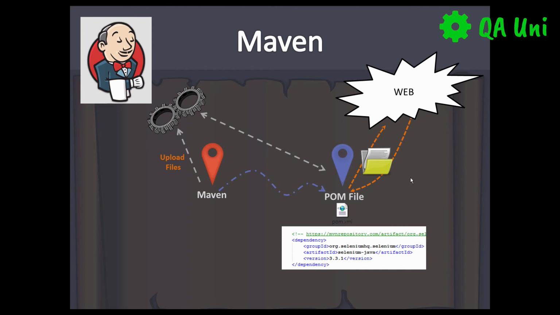So in turn, we can either upload our project to an online cloud repo such as GitHub, and in turn Jenkins will just need to point to GitHub, and that will in turn download the files. So we can upload our project to virtual machines, and in turn every time that Jenkins executes a build, it points to the POM file and then it downloads the relevant files for us.